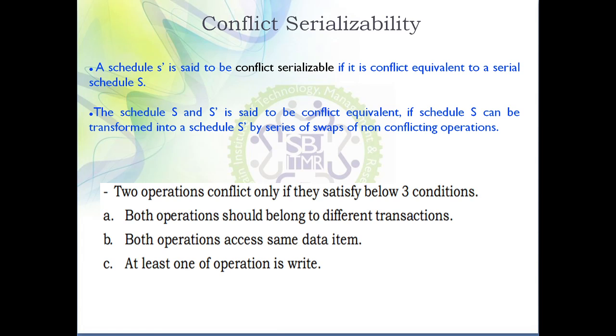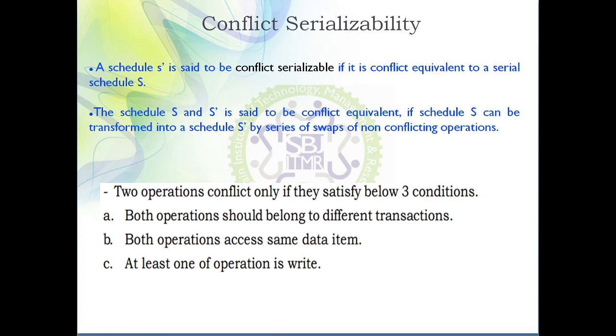So again the definition is given over here. A schedule S' is said to be conflict serializable if it is conflict equivalent to serial schedule S. Suppose consider that there are two schedules, schedule S and schedule S'. So S' is said to be conflict serializable if it is conflict equivalent to schedule S. But what are the conditions for conflict equivalent?